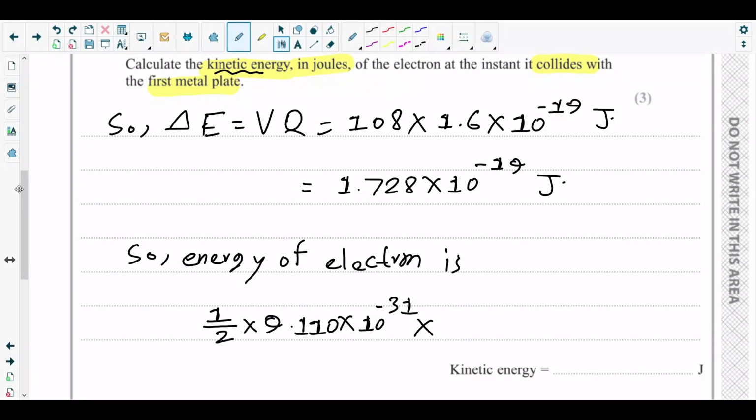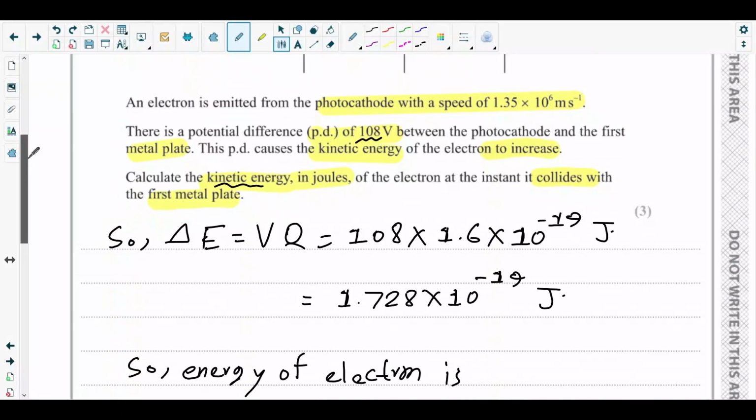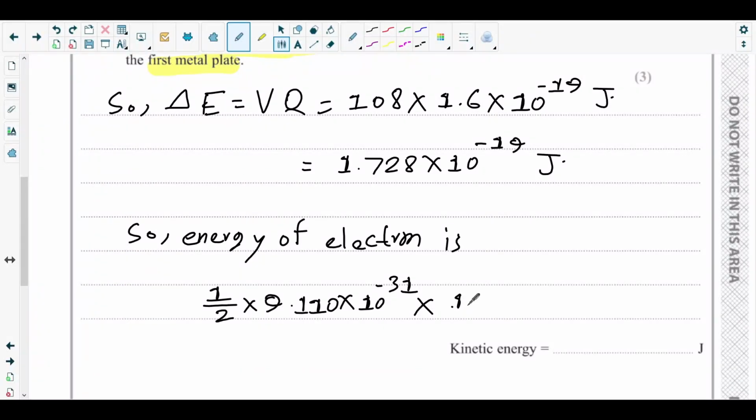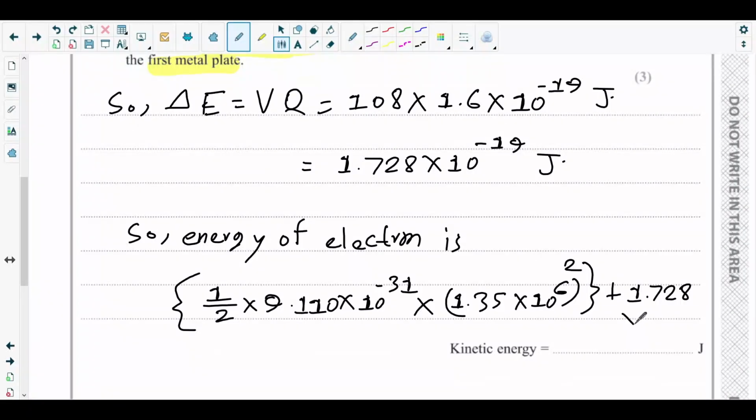The speed is given as 1.35 times 10 to the power 6, squared. That is the initial kinetic energy, plus the gained energy, 1.728 times 10 to the power negative 19 joule.